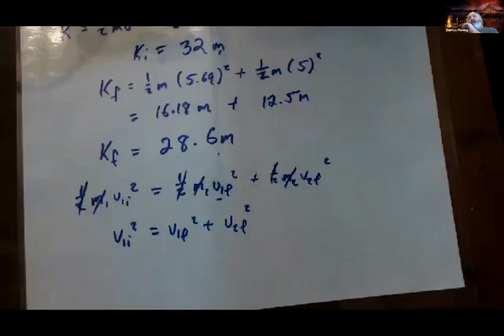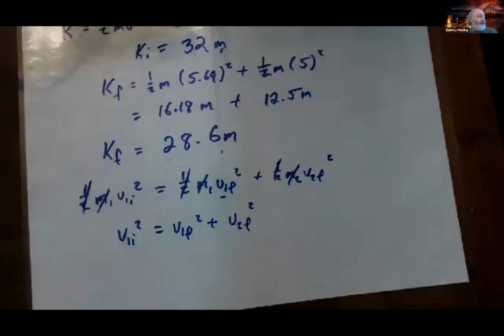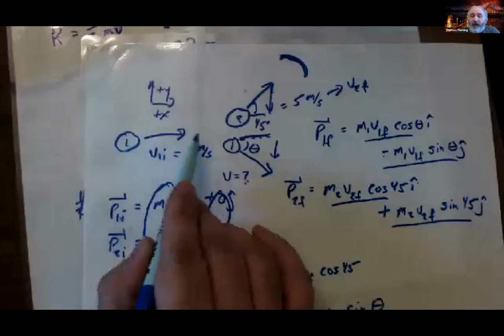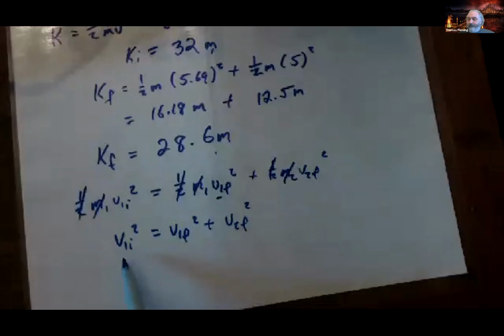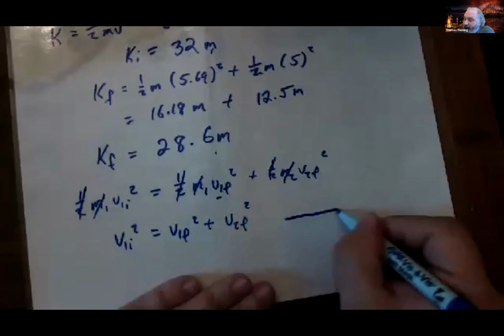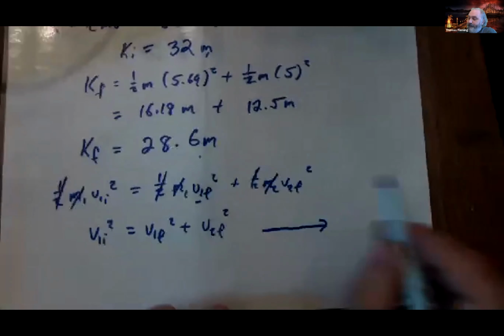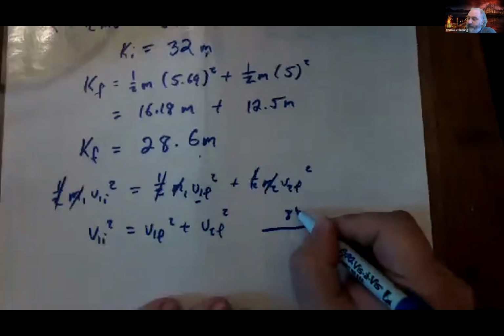And if I think about this in just the right way, I see a really cool pattern. And here's the cool pattern. V1 initial represents the starting velocity of the cue ball, the ball that was originally moving. And in my problem, that velocity was to the right. It was 8. So v1 initial is like an arrow that travels to the right, and it was 8 meters per second.